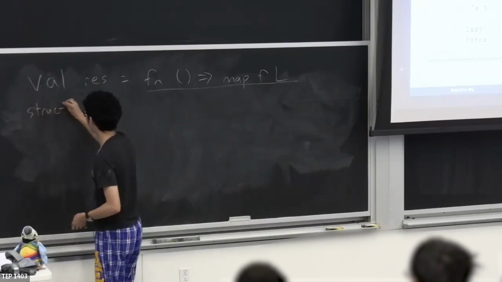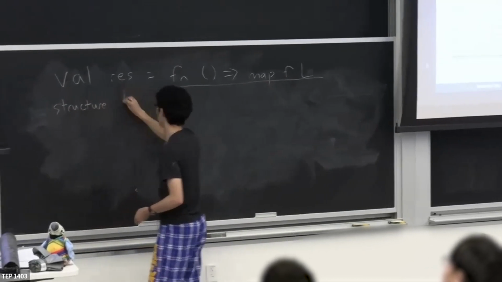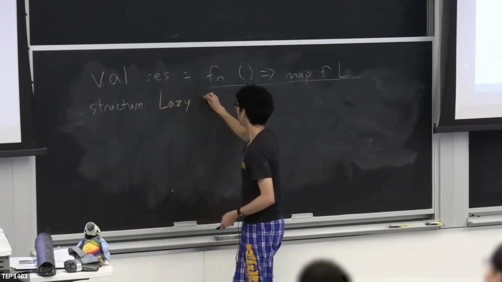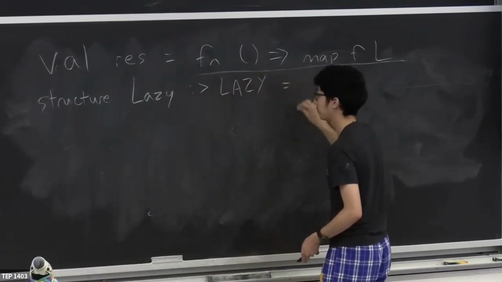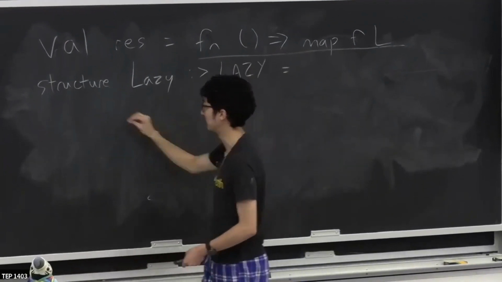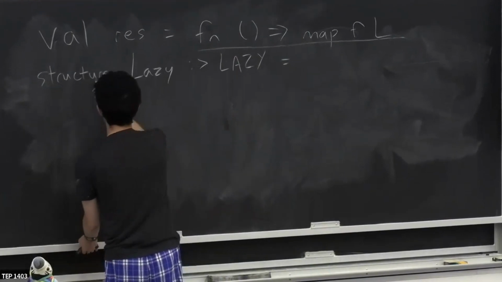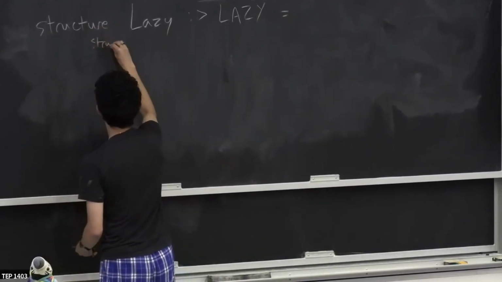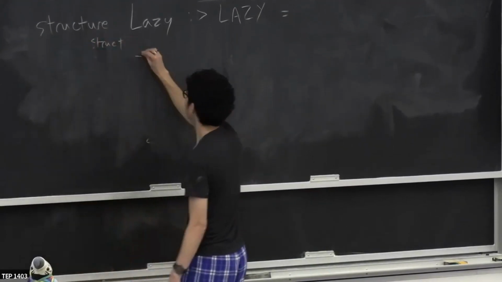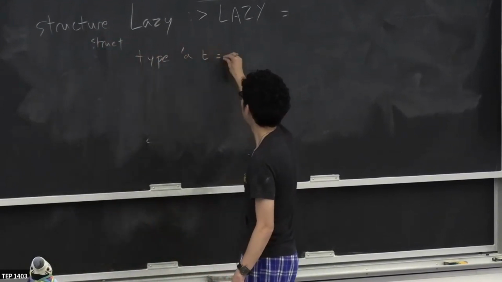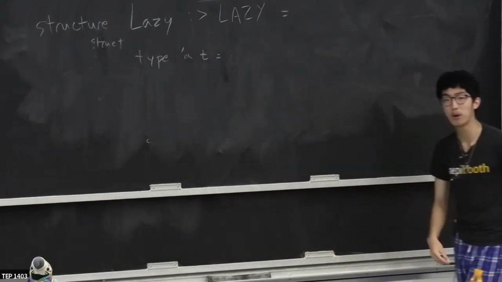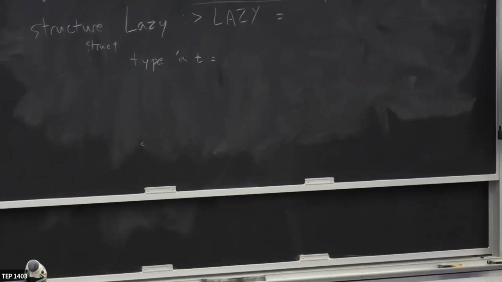So if I wanted to implement this structure, I would call it lazy, and I would ascribe opaquely to LAZY in caps. It's a little confusing that these things read the same. Not sig, struct, end. Okay, so note that I've left the type of alpha t abstract. It's because to a user, they shouldn't have to think about what this type even really is, okay?